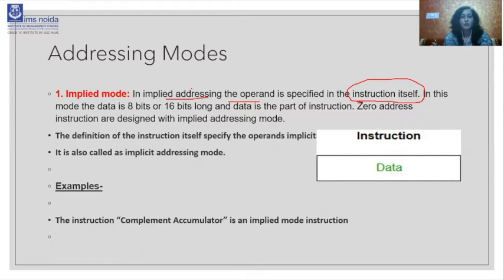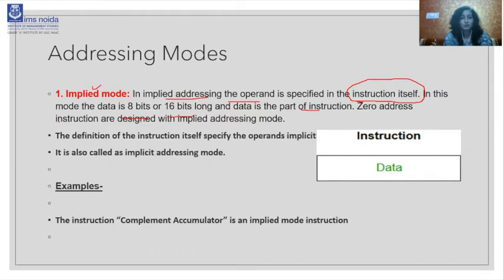In this mode the data is 8-bit or 16-bit long, or the data is a part of the instruction, right? As we already know, there are different types of instruction: 3 address, 2 address, 1 address, and 0 address. So the 0 address instruction is a part of implied mode.